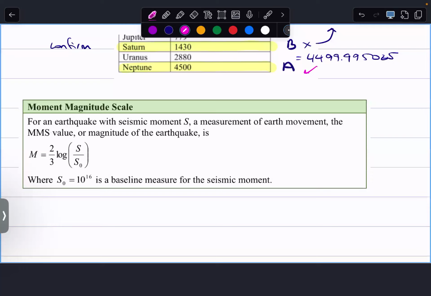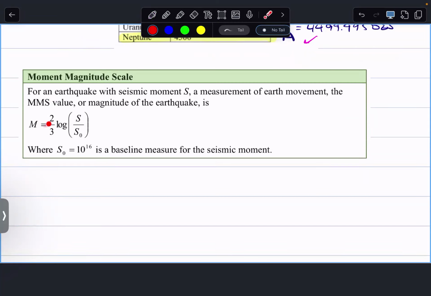So orders of magnitude are kind of common with earthquakes and things like that. For an earthquake with seismic moment S, a measurement of earth movement, the MMS value or magnitude of the earthquake is M, which is 2/3 times the log of S over S naught. We've seen a subscript 0, which is a naught, kind of an initial point.